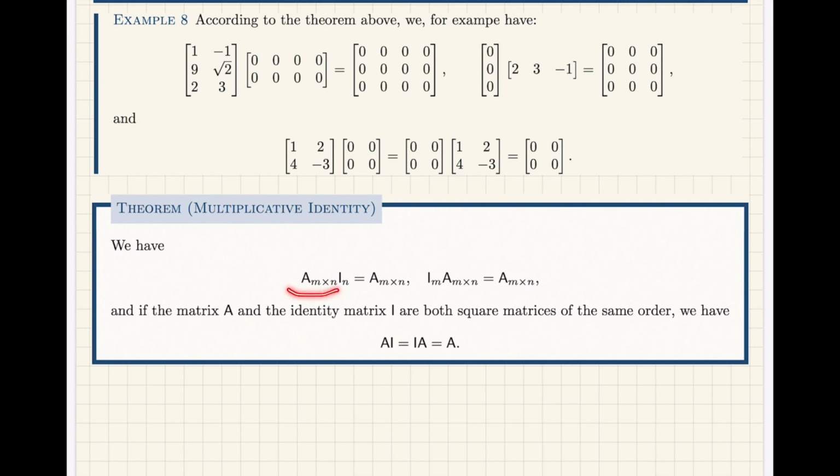If I have this matrix, which is m by n, I want to multiply it by I_n, it means it is n by n, so I can only multiply it from the left because the n's should match. And then the answer would be the same matrix. So it means that if you can multiply the identity matrix in any order, if it is possible to multiply, don't worry about that.